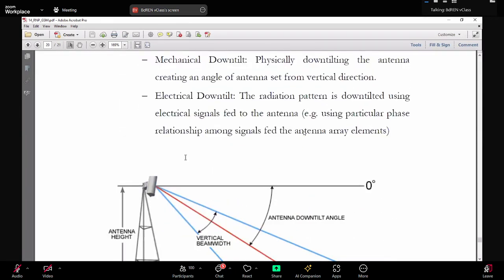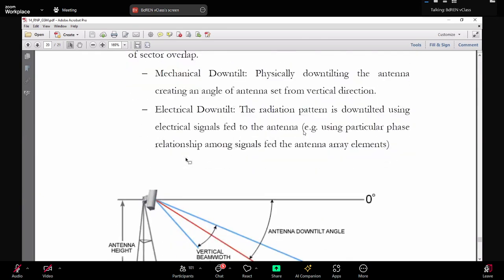The other option is to use the array. Sometimes it uses a phased array. So the signal fed to different array elements has some phase differences. That's how it works. But it's possible that you change these phase differences and change the direction of antenna radiation.